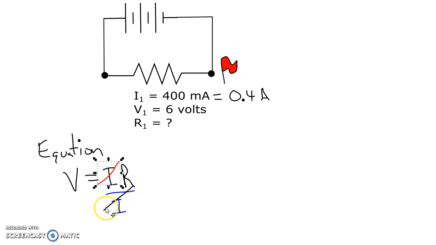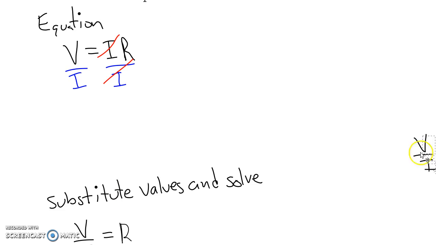My I is getting canceled out because I'm dividing by it. You have to remember, algebraically, when I divide something on one side, I have to do the same thing on the other side. So whenever I divide by I over here, I do likewise on this side as well. Doing so leaves me with the equation that the resistance equals voltage divided by current.